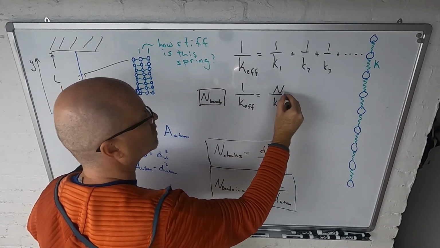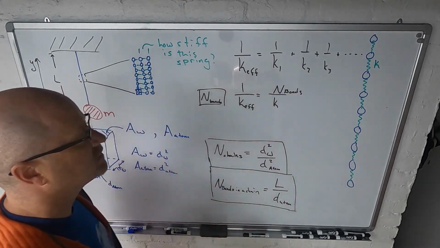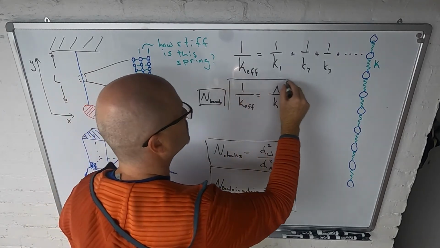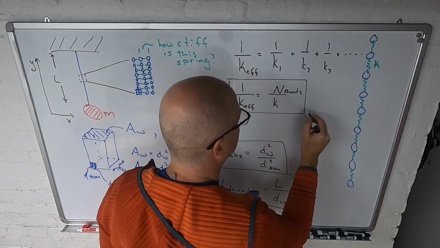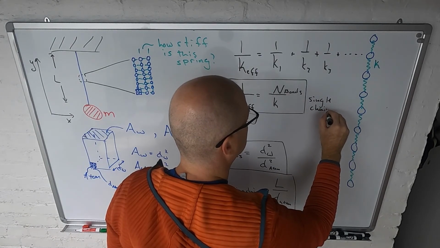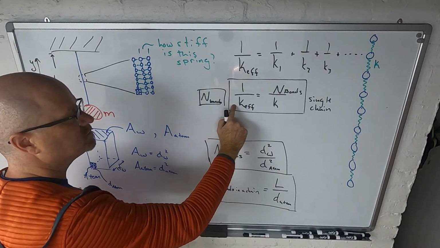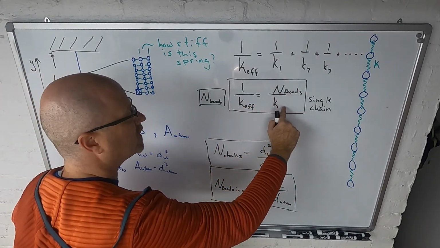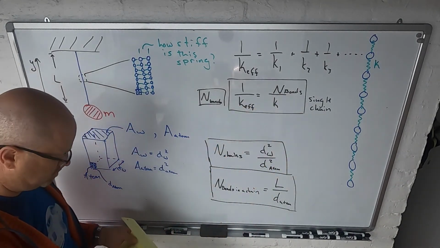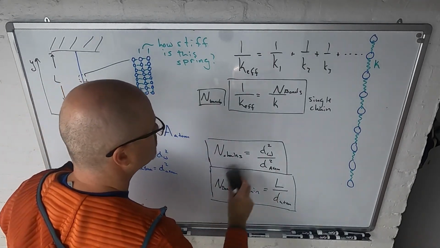So the effective spring constant of a single chain looks like this: 1 over K effective is equal to the number of bonds over K. Okay.